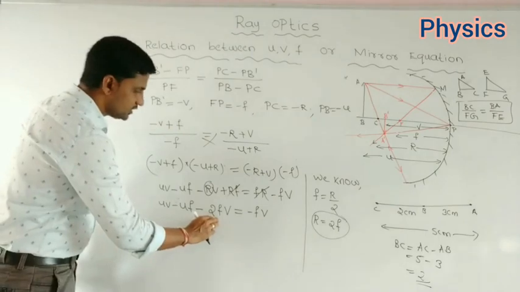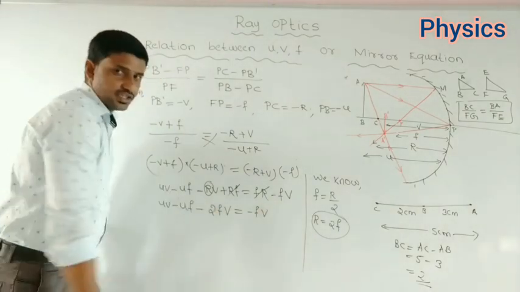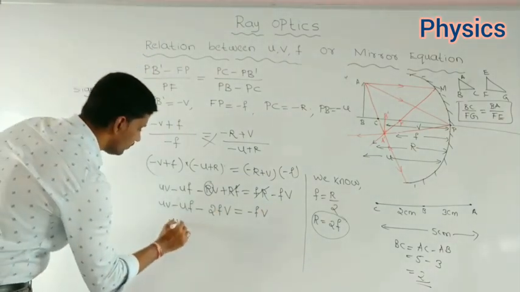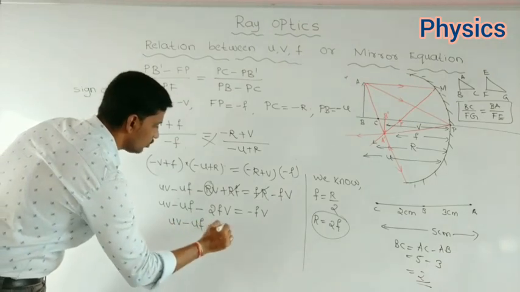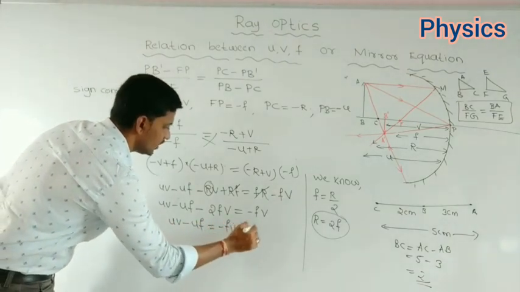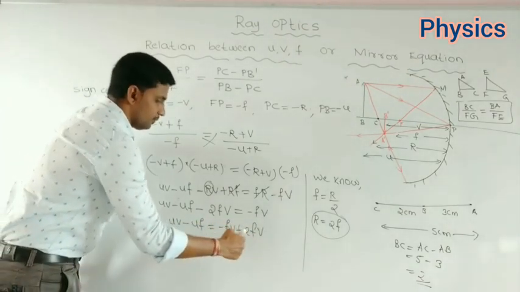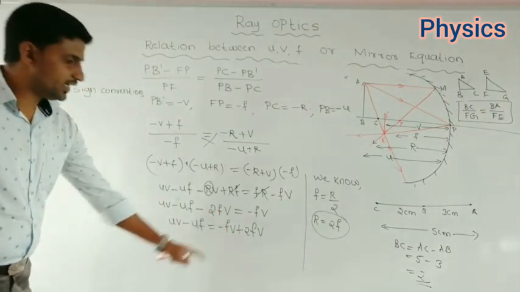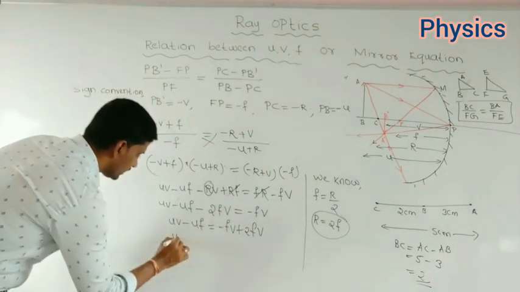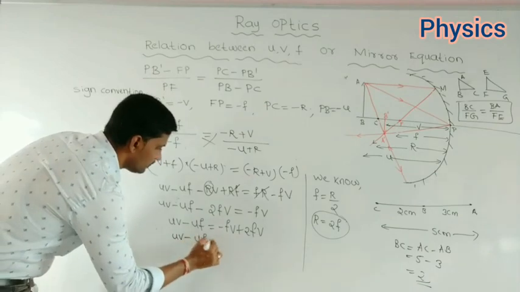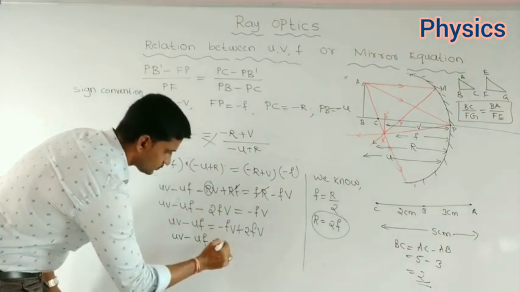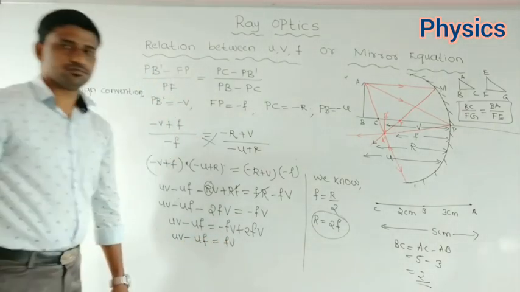If I take this expression to the right hand side, I will get uv minus uf is equal to minus fv plus 2fv. Plus 2fv minus fv, I will get 1 fv. So I can write uv minus uf is equal to fv.